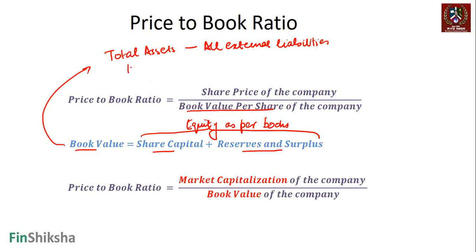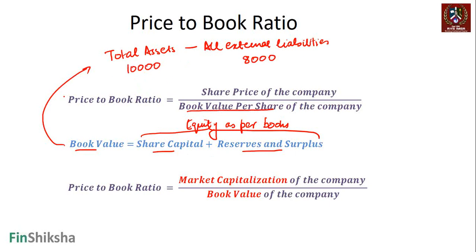If the assets are worth 10,000 crore and all external liabilities are 8,000 crore, then the book value, which is share capital plus reserves and surplus, should be 2,000 crores. That is, if I close the company down today, sell all the assets, and repay all the liabilities, what the shareholders are going to get is the book value of the company.